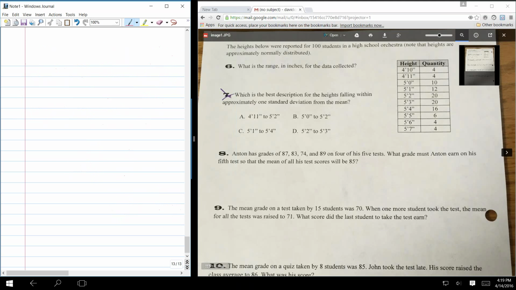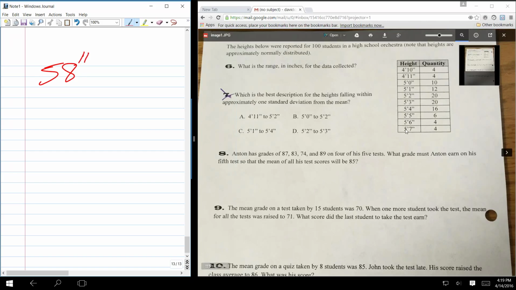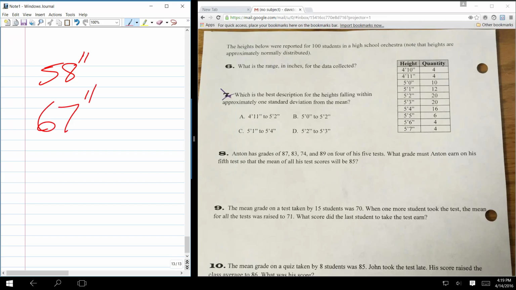Another way to do it, if you're not quite sure, is let's convert that. 4 foot is 4 times 12, 48 inches. So that's actually 58 inches, the 4 foot 10. And the 5 foot, 5 times 12 is 60, so that's 67 inches. So it's the difference between the lowest and the biggest, which is 9 inches.